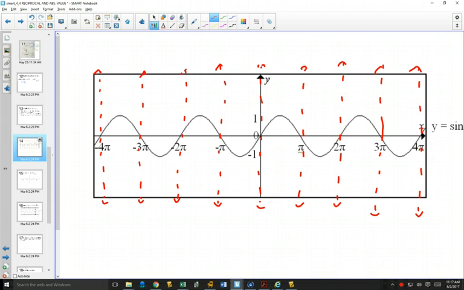There's a lot here in labeling them all. X equals negative 4 pi, x equals negative 3 pi, x equals negative 2 pi, x equals negative pi, and so on.